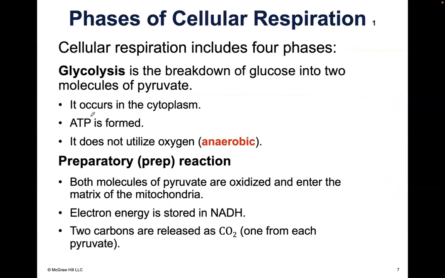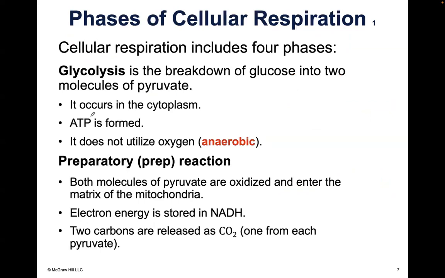So now let's talk about the phases that are involved in cellular respiration. We've got to be very focused, and you've got to follow me, because some of these processes are very confusing, so you need to be very specific about what you want to say. Cellular respiration includes 4 phases.